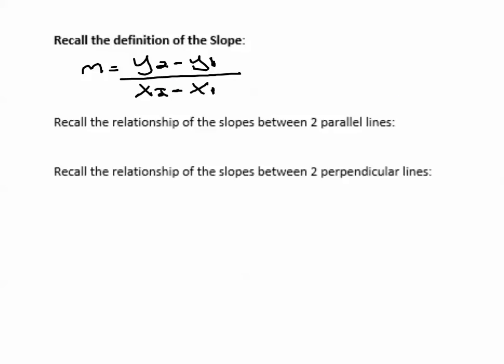The relationship between two parallel lines is that they have the same slope.